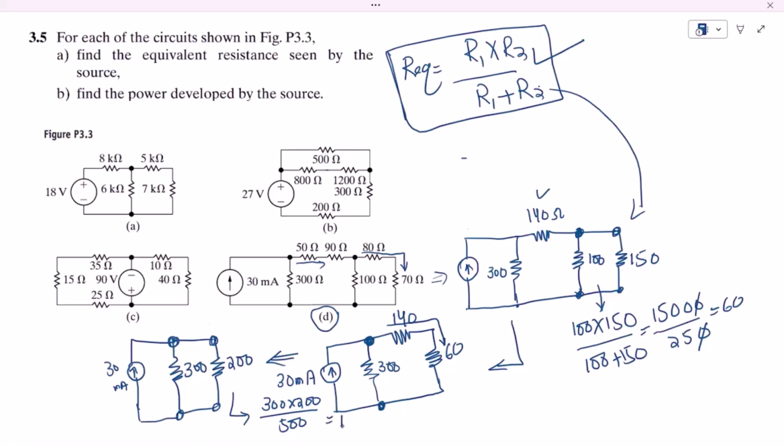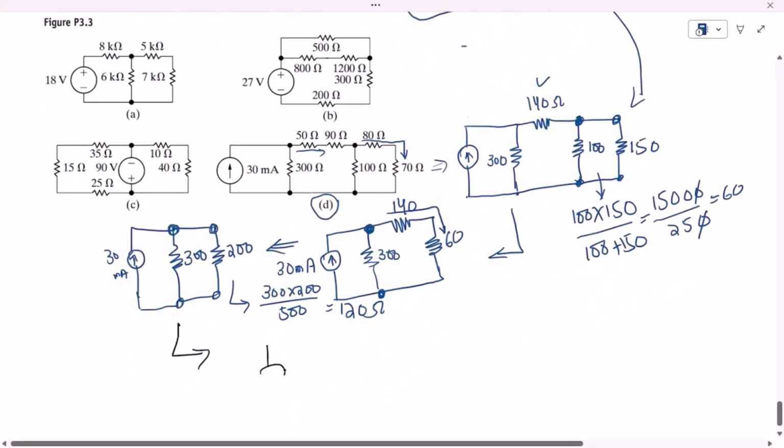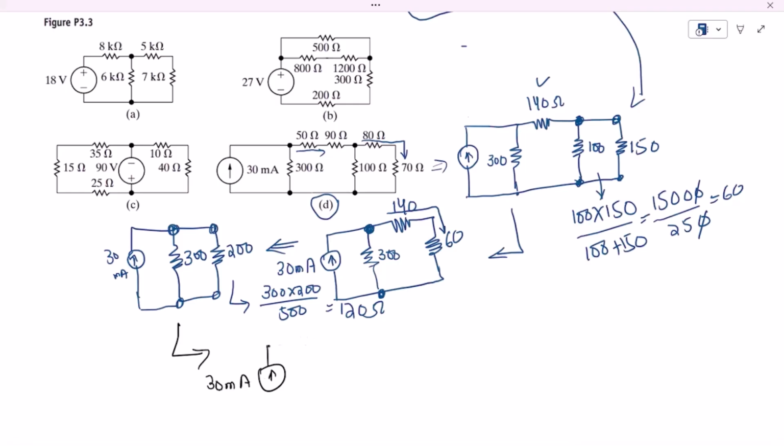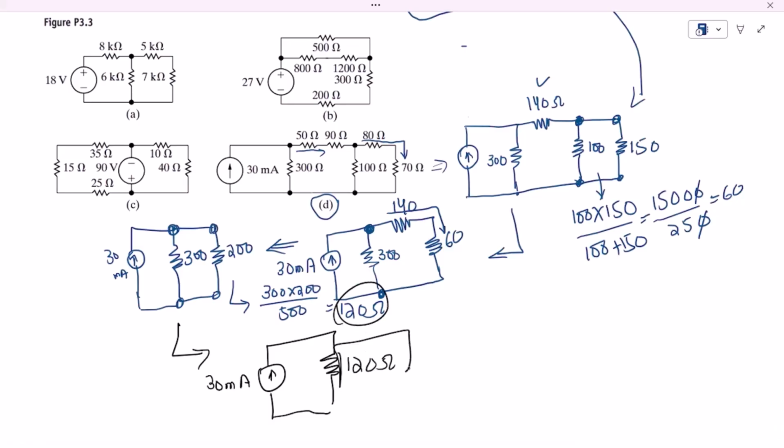The equivalent of it is 120 ohm. So the equivalent resistance, let me go down: here is the source of 30 milliamps, and with it the connected equivalent resistor, this 120 ohm resistor, and that is the final result which we wanted to find, part A of our question.